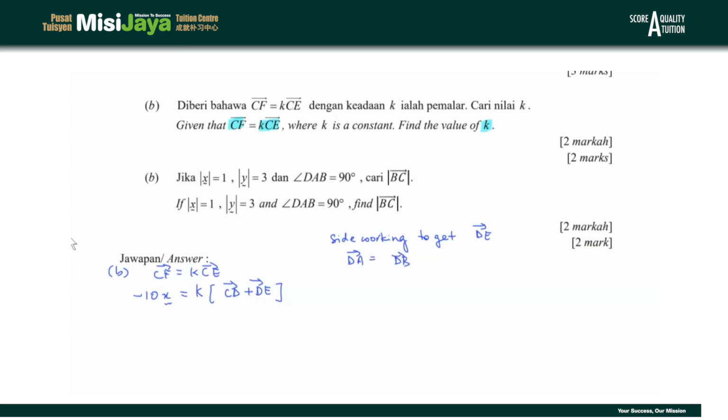So DA is DB plus BA. DB from the diagram, D to B is opposite of BD, so negative 20x plus 16y. And then BA is negative 20x, because they give you A to B. Let's look at the diagram.